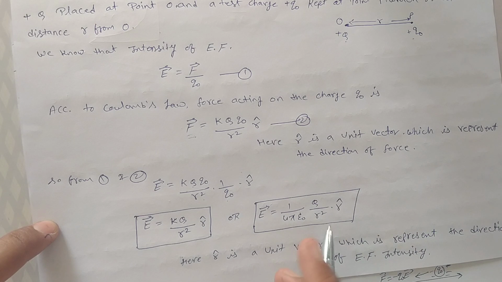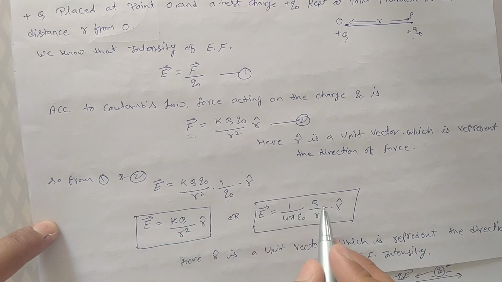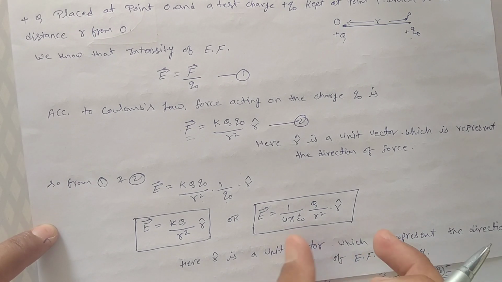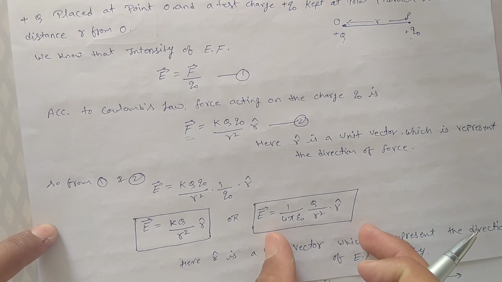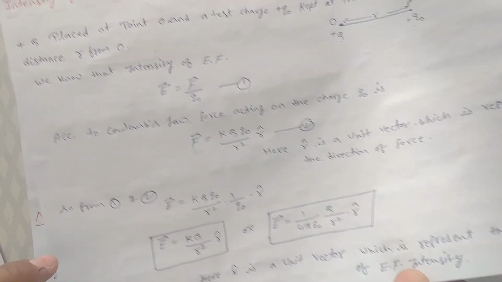This equation can be represented like this: E vector is equal to K, which is 1 upon 4 pi epsilon naught, Q same here, upon R square R cap. Here R cap is a unit vector which represents the direction of the electric field intensity. This expression represents the electric field intensity due to a point charge.